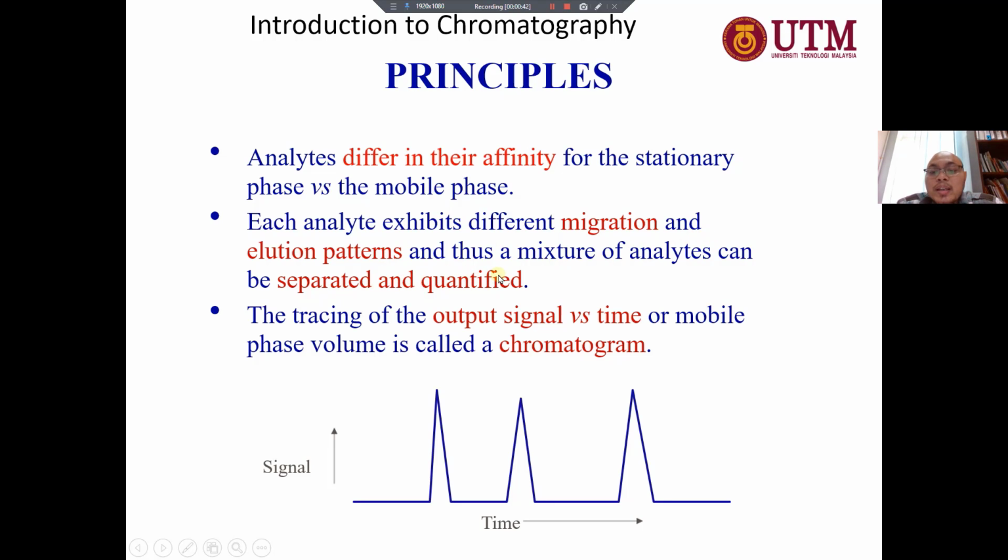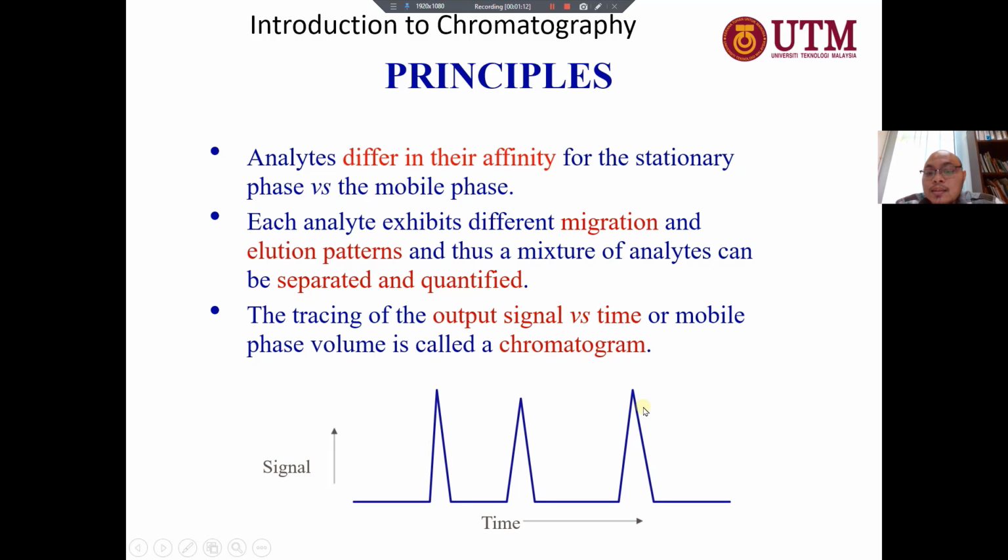So for example, if you have a mixture of A, B, and C, they have different preferences with the mobile phase. We can imagine it like this. Maybe Hassan loves me more compared to Amy. So maybe Amy hates me. So Amy will elute earlier, because Amy doesn't attach to me as strongly.